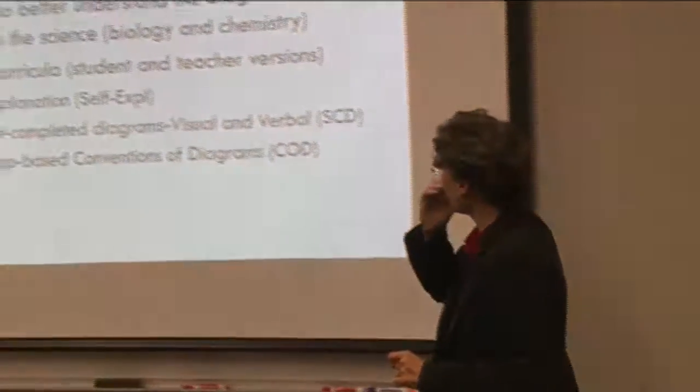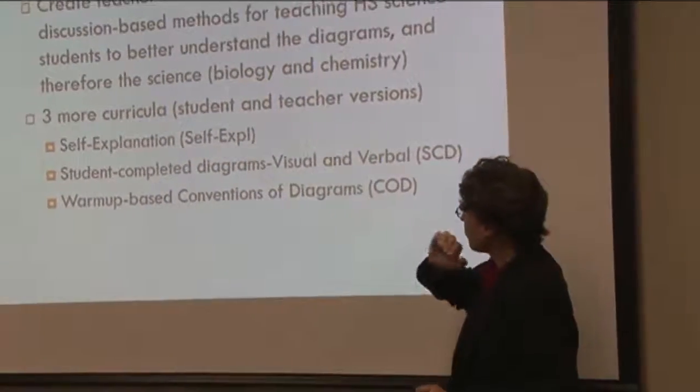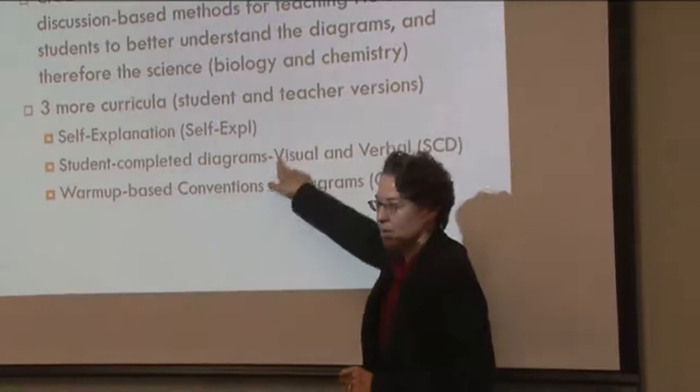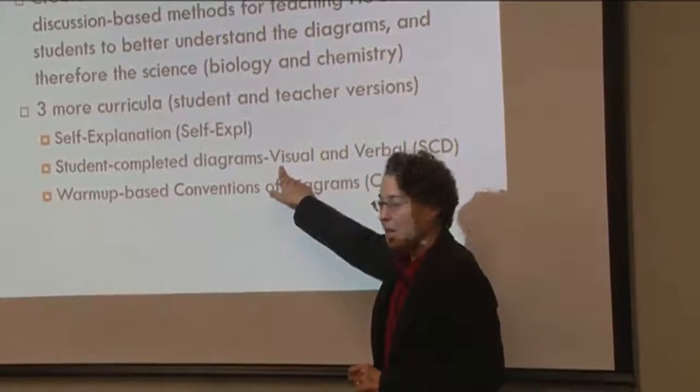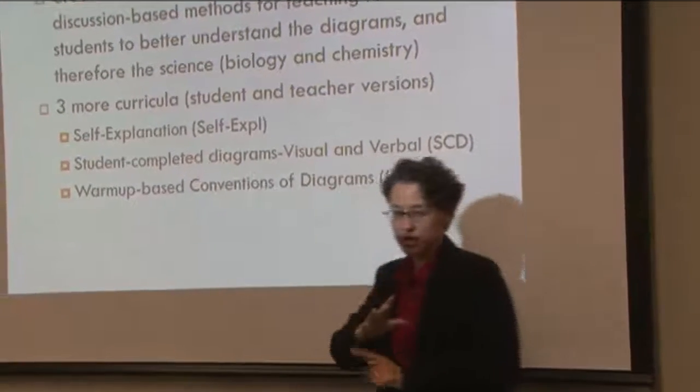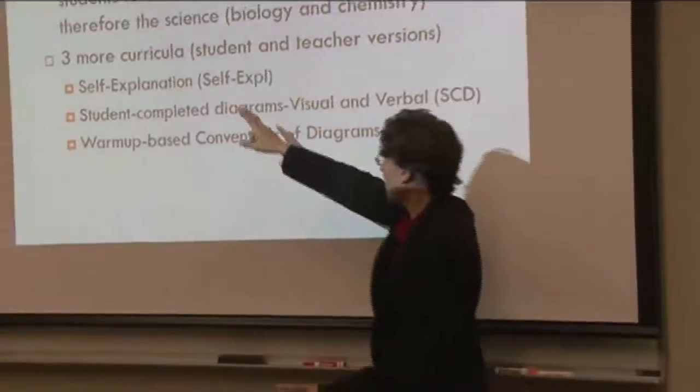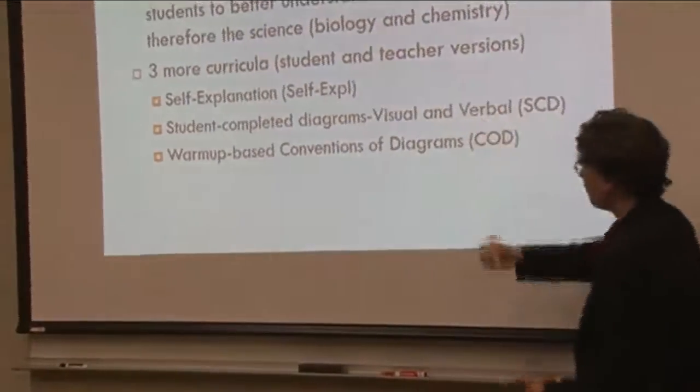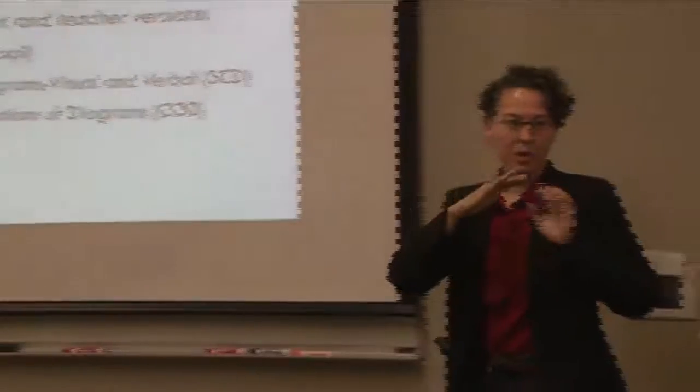Hurt them in the sense that they scored below the conventions of diagrams kids, which was our active comparison condition. So to us that's very worrisome, because if we can avoid doing something that disadvantages anybody, the other options like conventions of diagrams, coordinating text and diagrams, self-explanation, and verbal completion appear to be neutral with regard to that individual difference.